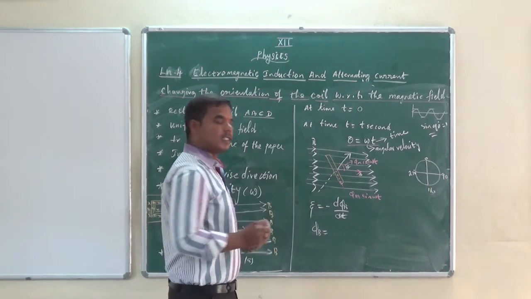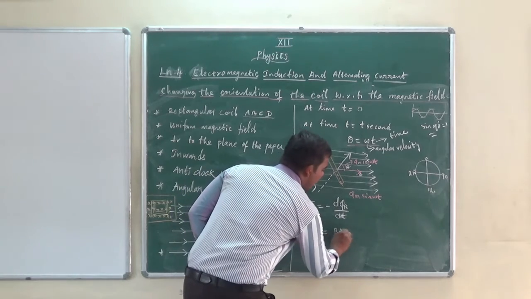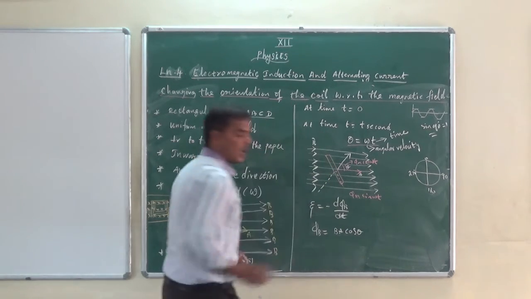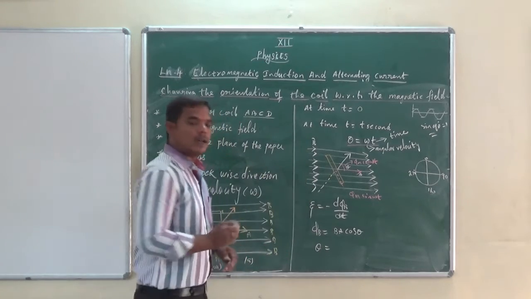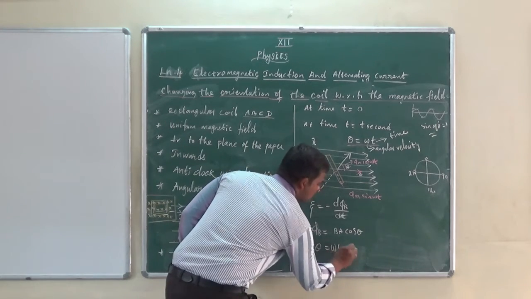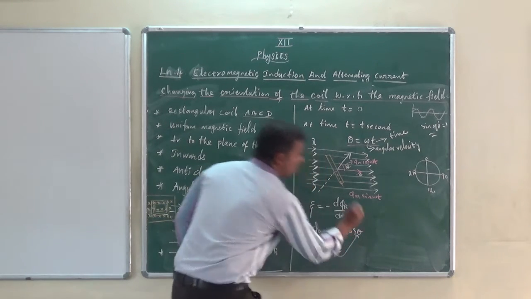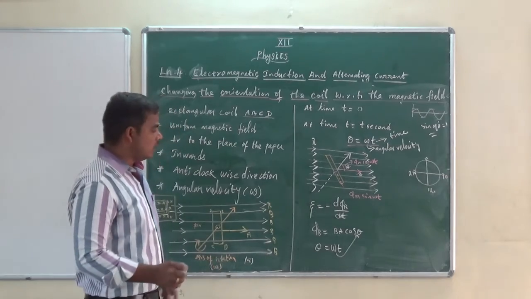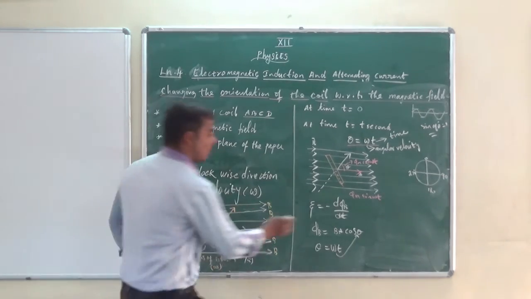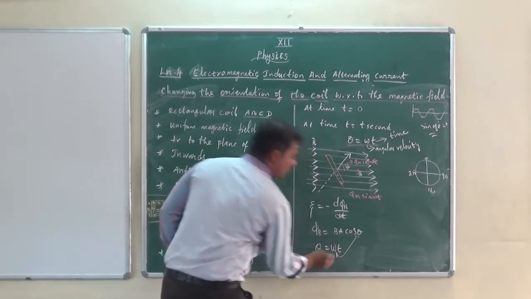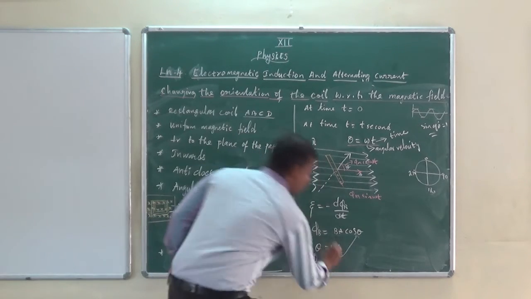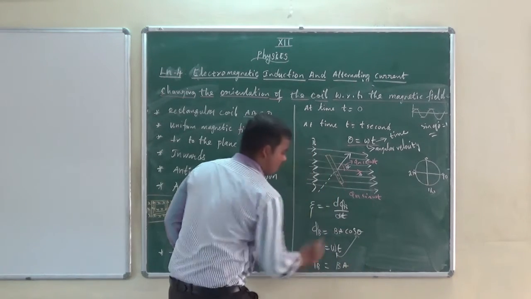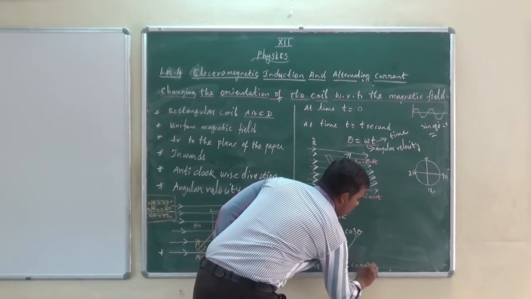And what is phi B here? Phi B is nothing but BA cos theta. Here theta is nothing but omega t, so substitute omega t for theta. So phi B equals BA cos omega t.